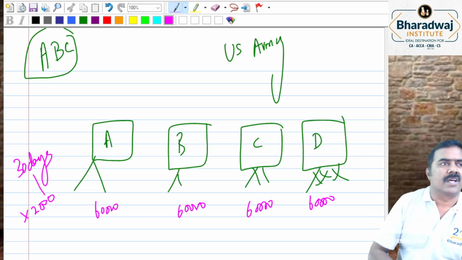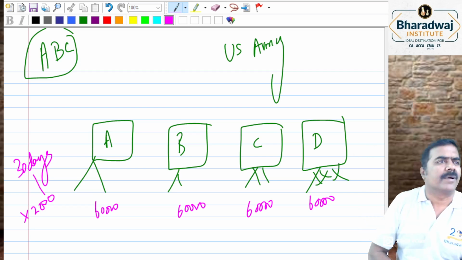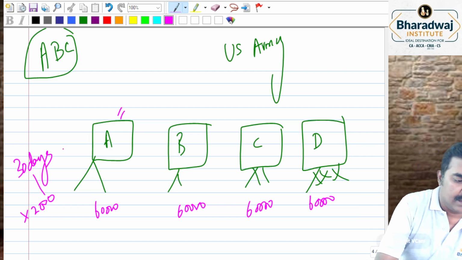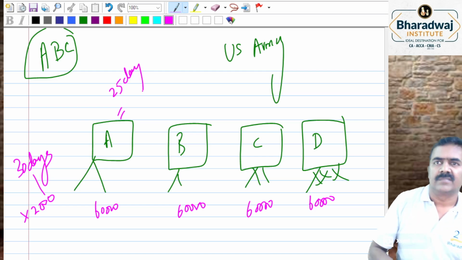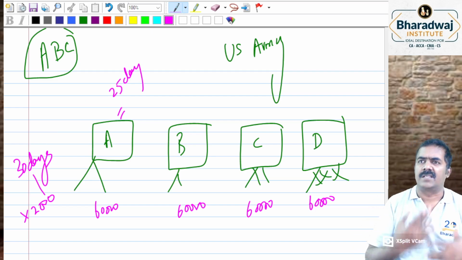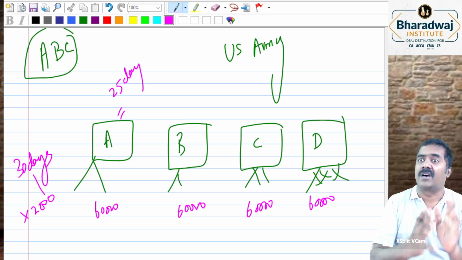Then the US Army General saw it is not proper. Why is it not proper? Troop A, out of 30 days, 25 days they were in war. They were firing, conquering other places, moving, there were damages, etc. All 25 days they were in real war.